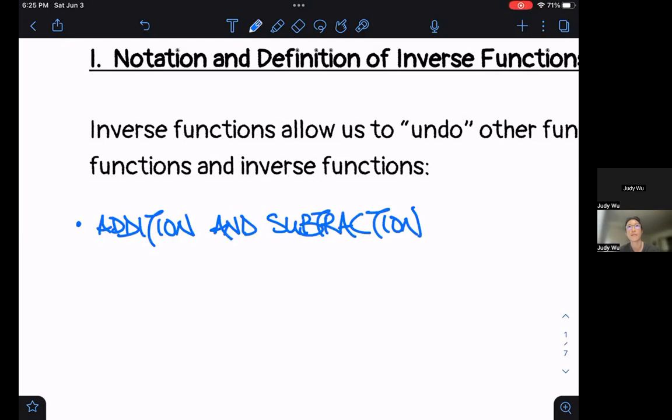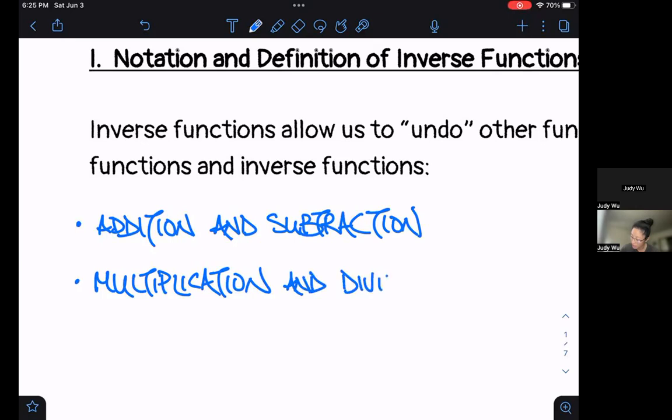When I add something and then I subtract that same something, I get rid of the addition. Same thing if I were to multiply by, let's say, 2, and then I want to get rid of that multiply by 2, I'm going to divide by 2.